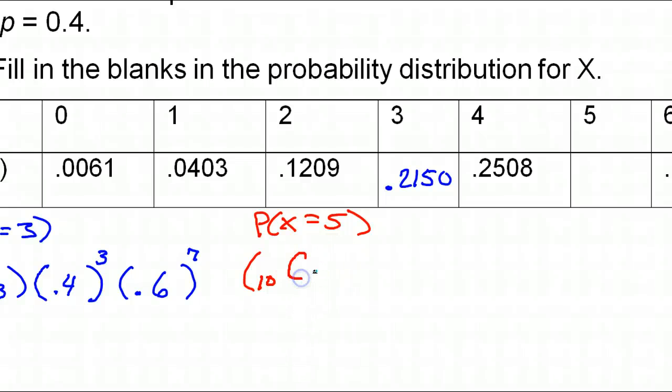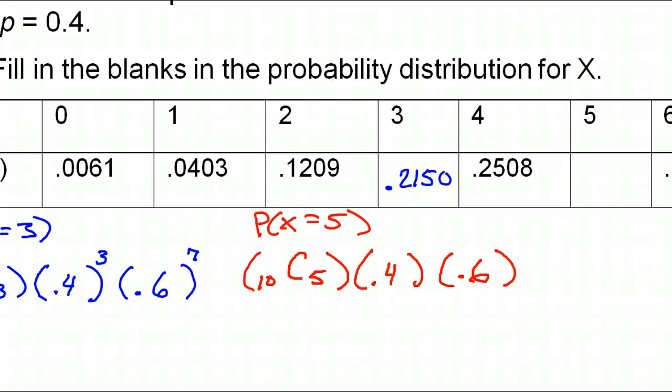So I'm going to do 10 choose 5, because the number I'm shooting for is 5. And then I will multiply probability times probability. This is the probability of success, that doesn't change, 0.4. And the probability of failure is 0.6.